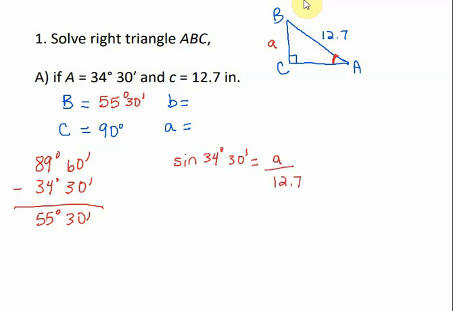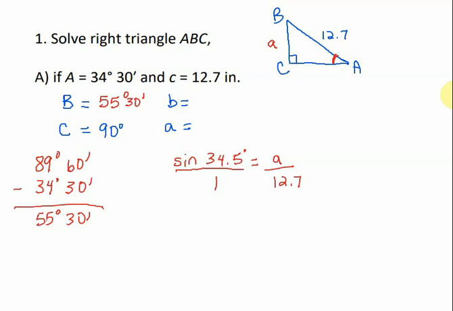So to solve for a, we would just cross multiply this. You could think of this as a proportion, and we're just going to cross multiply, 12.7 times sine of 34 degrees 30 minutes. Instead of having to plug in 34 degrees 30 minutes, we know that 30 minutes is a half of a degree, so we could change this to 34.5 degrees.